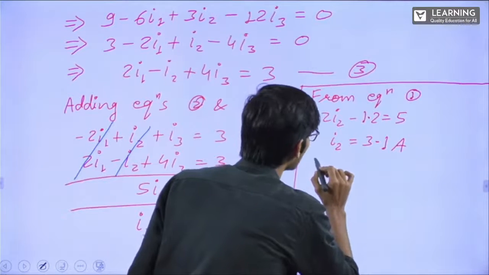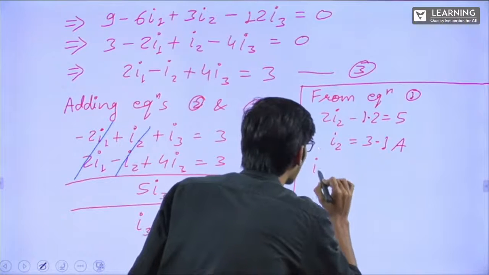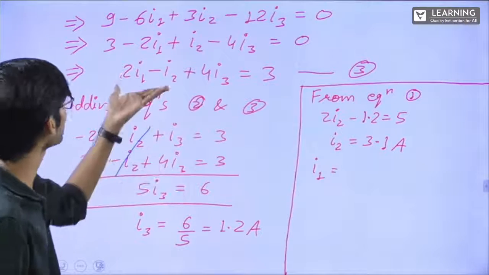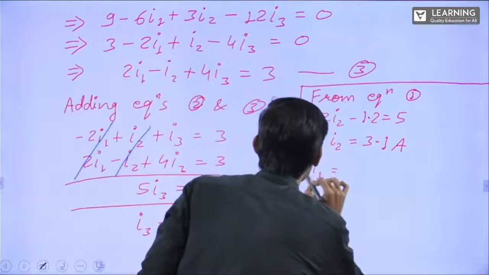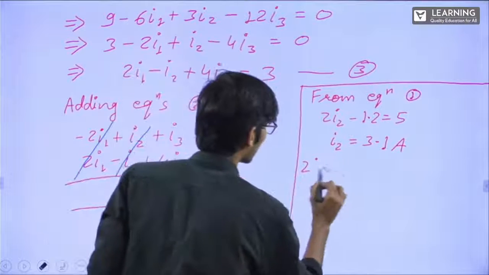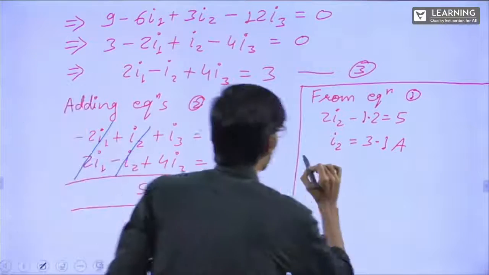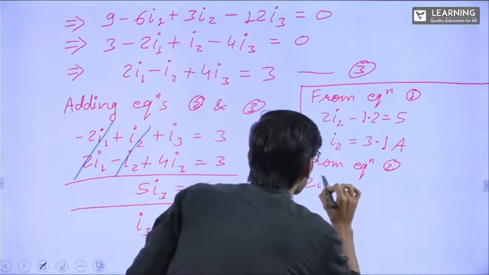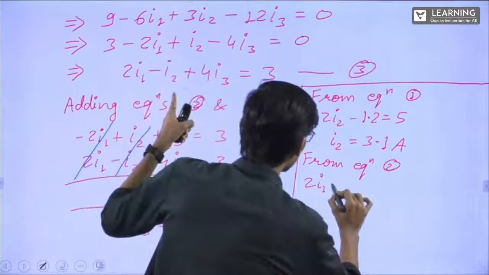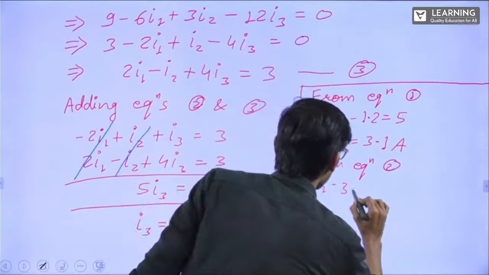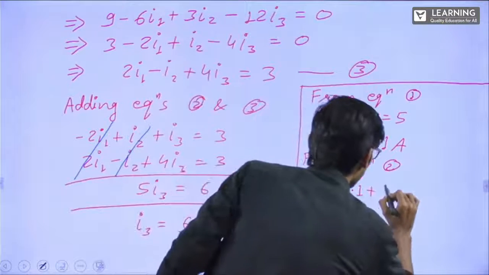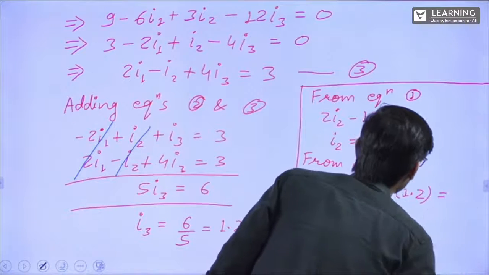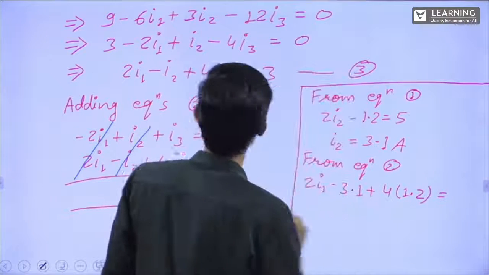And how much will be I1? We'll put in any equation. Let's say we'll put in this one, from equation 2: 2 I1 minus 3.1 plus 4 times 1.2 is equal to 3.